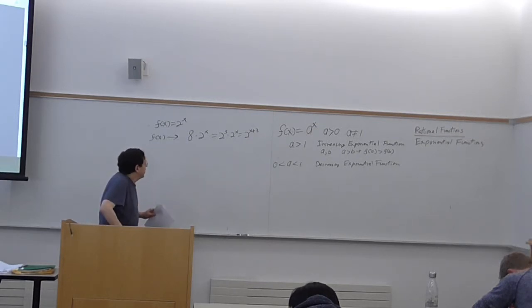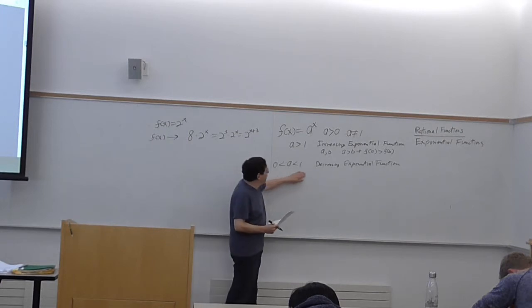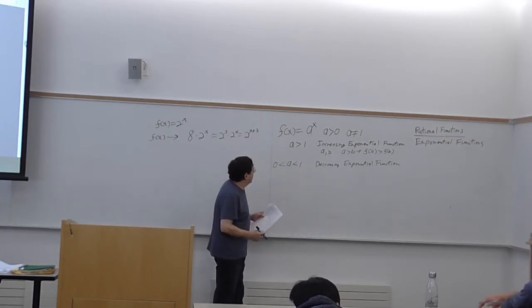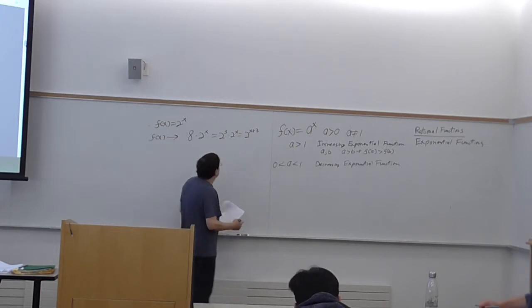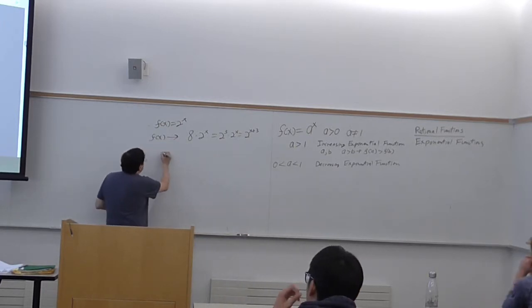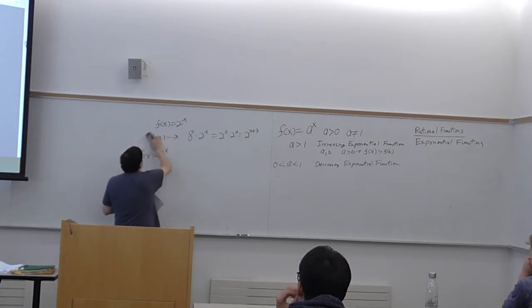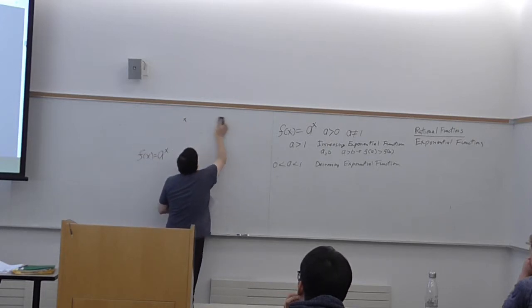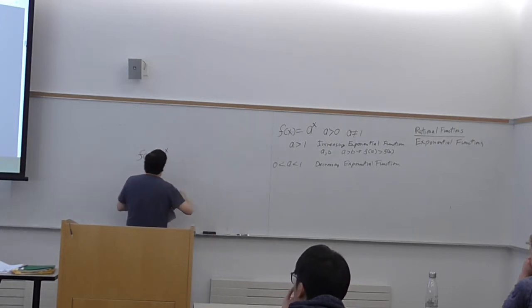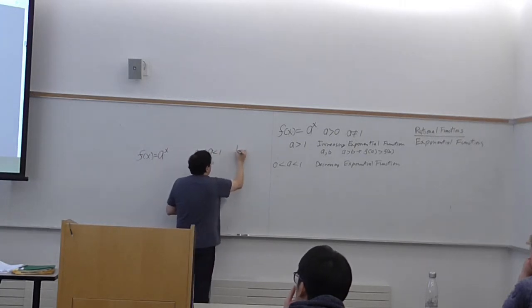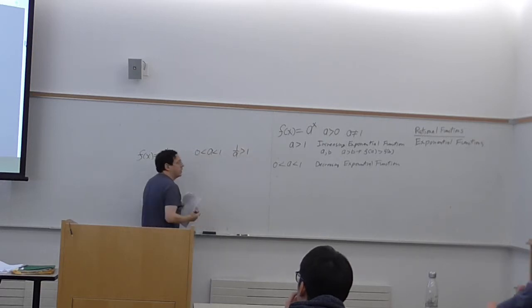I mentioned you could have a decreasing exponential function, where the base would be between 0 and 1. So that would be like a to the x, where a is less than 1. But if a is between 0 and 1, 1 over a is going to be greater than 1.